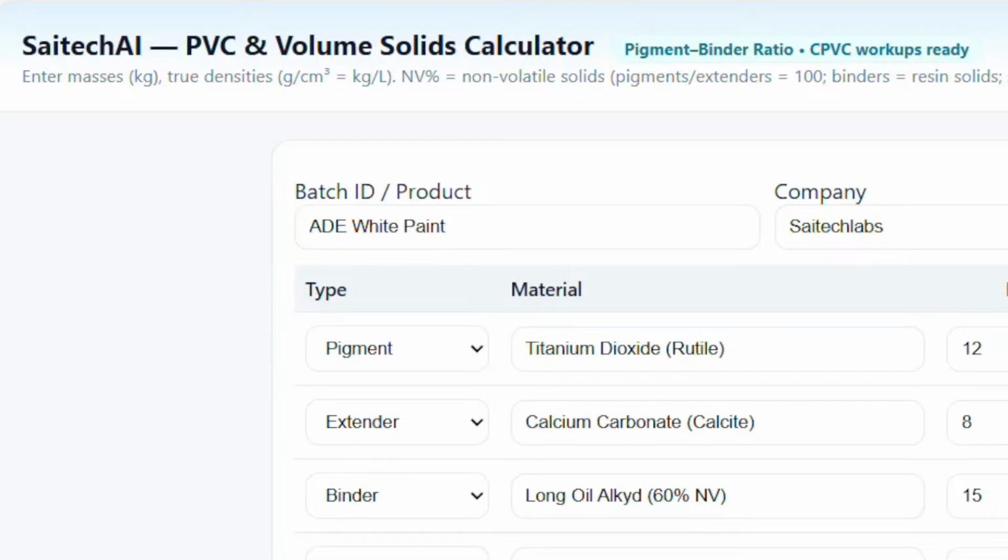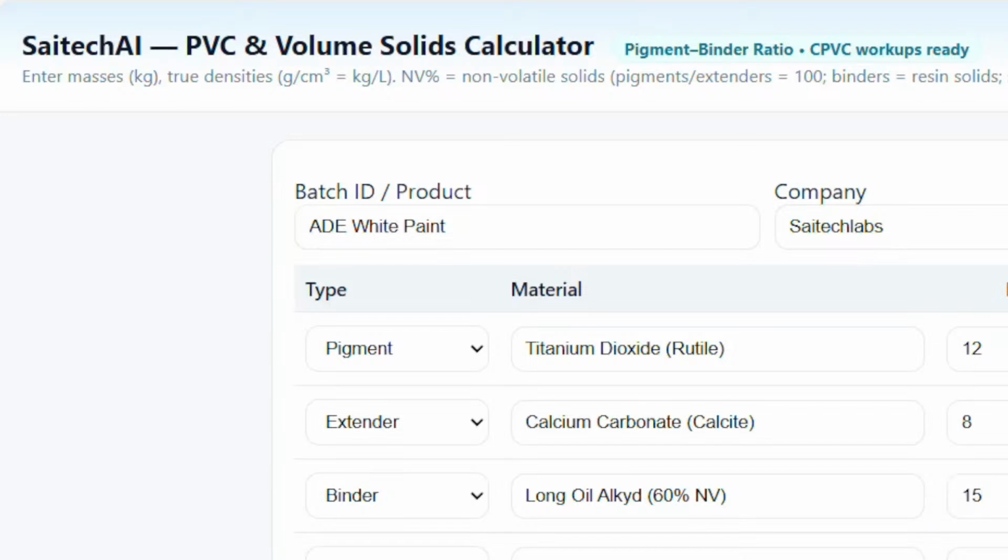So you have to consider that one. So 15 into 60 divided by 100. Then you divide by the density of that particular alkyd, which is 1.05, so that you are able to get 8.571. Suppose if I put 20, you can change the volume like this. So here I already took 15, so let me go back to 15.